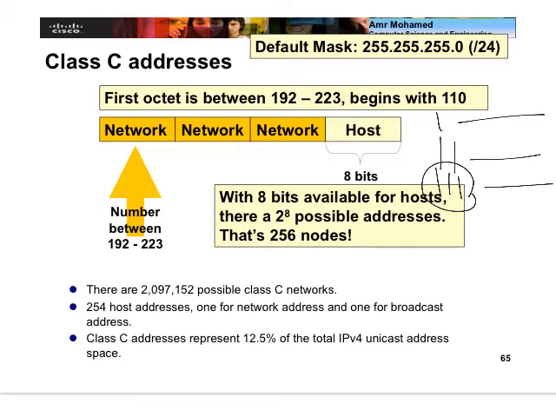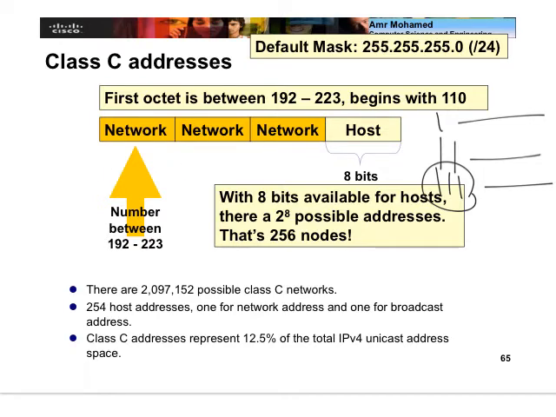So that's why class C has 12.5% of all the possible IP addresses. If the first left byte is in this range, this indicates class C. If that's the case, then all these 3 bytes are the network.